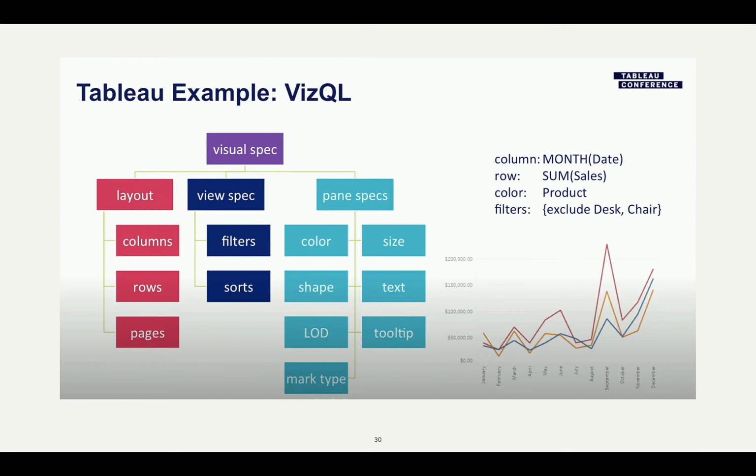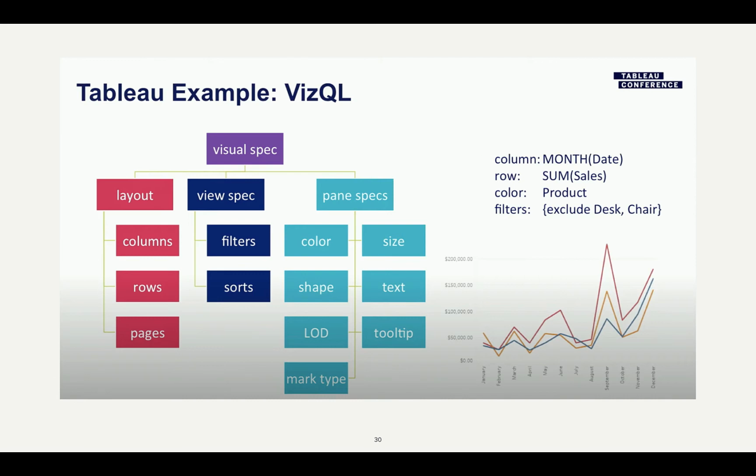And all the various other things that we're able to manipulate in a visualization. And on the right, in the upper right, where you see column, row, color, and filters, you could see if we were to actually write this out as a programming language, it might be something like this. In the column, we want to see the month from a date field. In the rows, we want to see the sum of sales, and we want to color the result of this by product, and we want to filter out desks and chairs.